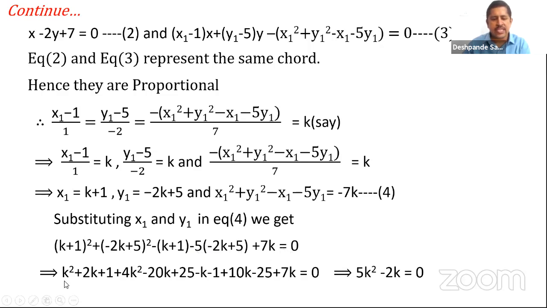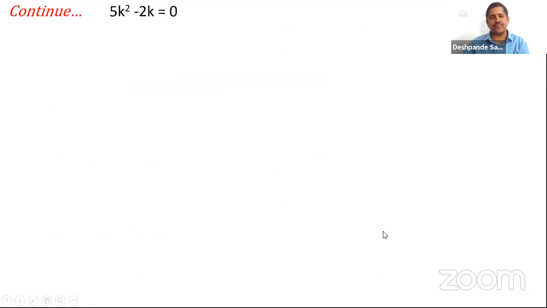So you got k square and 4k square, which is 5k square. Then the k terms: 2k minus 20k minus k plus 10k plus 7k, we are going to get as minus 2k. Then you got 1, 25, minus 1, minus 25. So 25 minus 25 cancel off, 1 minus 1 cancel off. You get the equation simply as 5k square minus 2k is equal to 0.